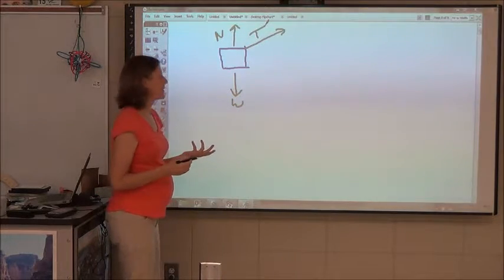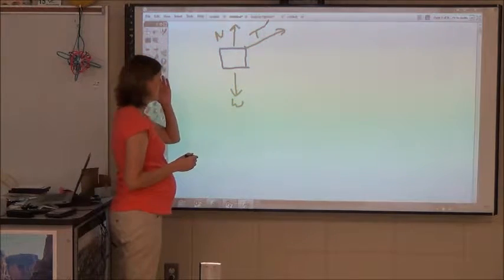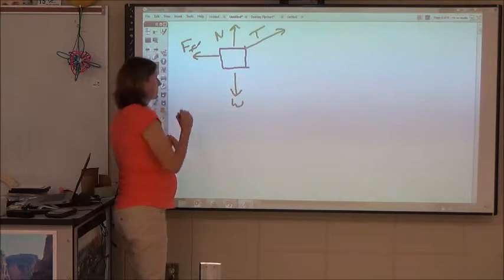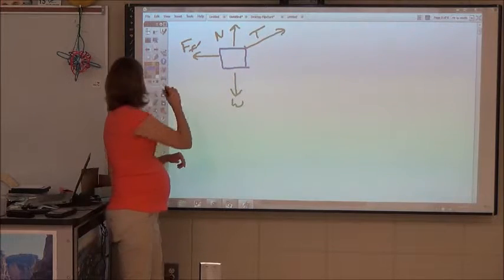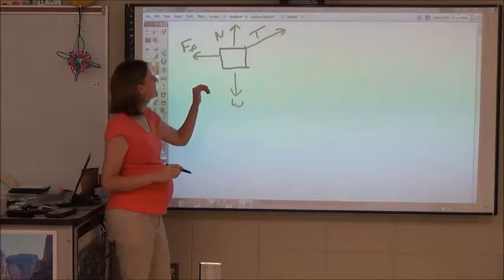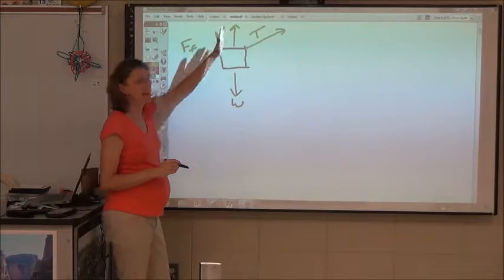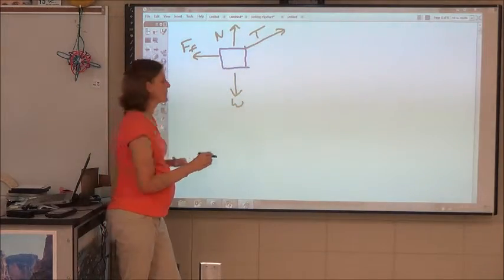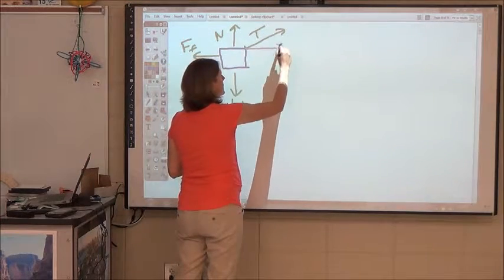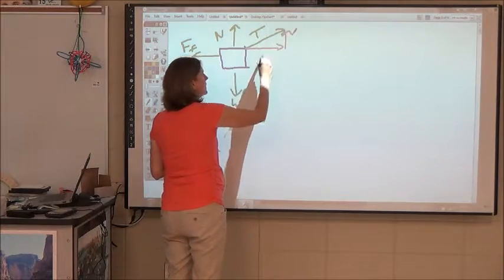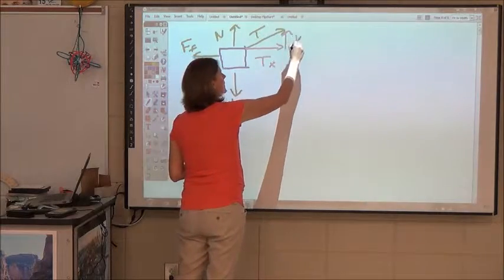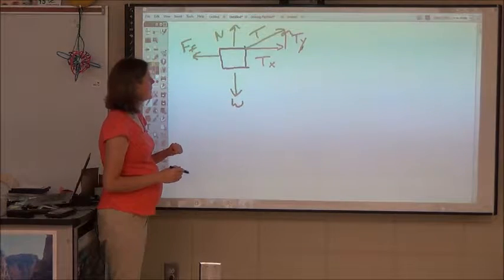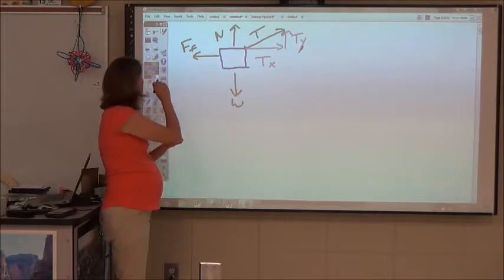Since it did say a rope, I'm going to call that tension off at an angle. Friction is not helping. And since I have that angle, and everything looks like it sort of lines up, tension's the odd one out, I'm going to make components there of tension. Tx and Ty.